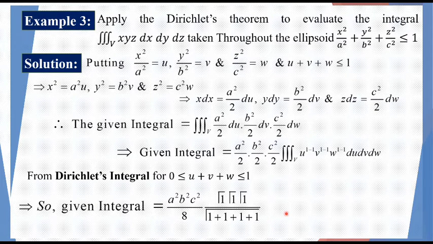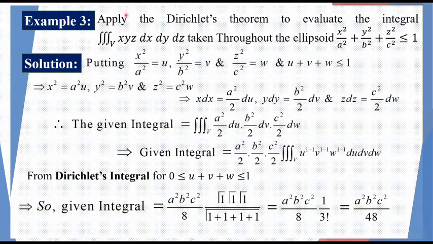So there is no need to write h, and gamma 1 will be 1, and this is gamma 4. So a square, b square, c square upon 8 into 1 upon 3 factorial, and 3 factorial is 6, and 8 sixes are 48. So a square, b square, c square upon 48 is the required value of the given integral.